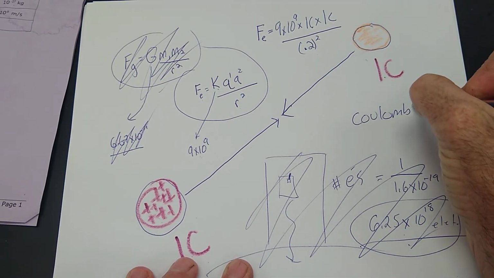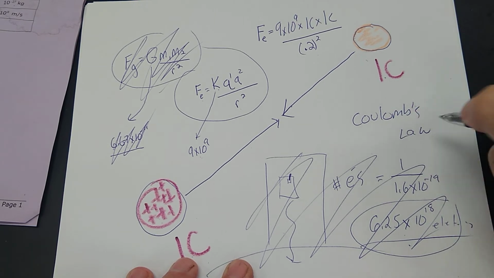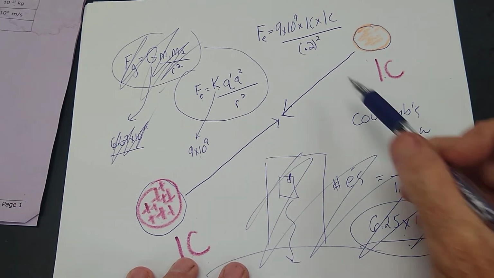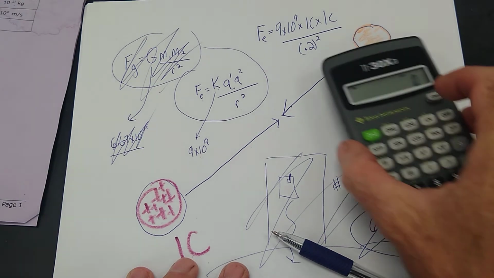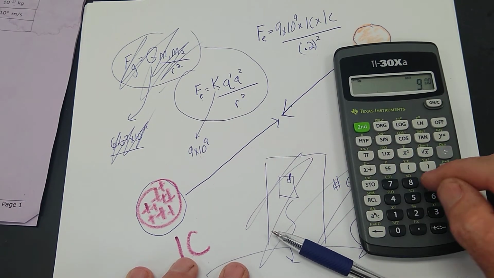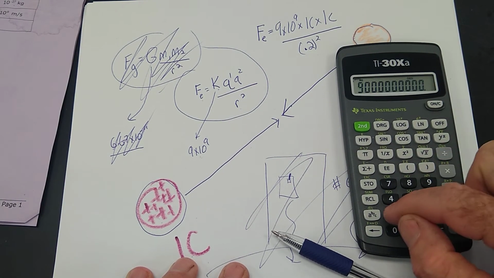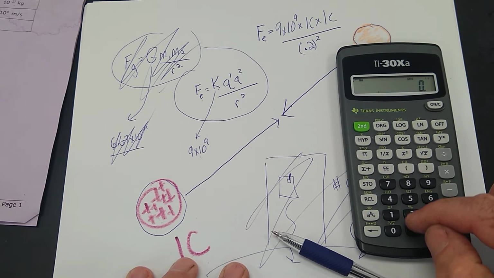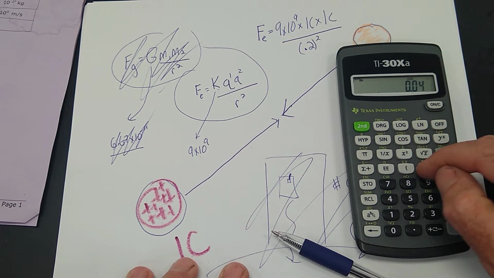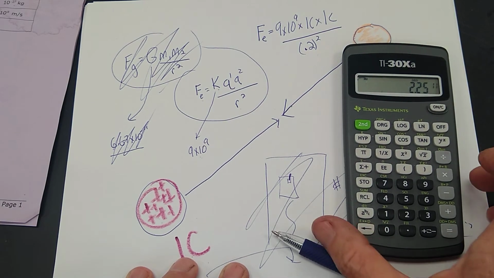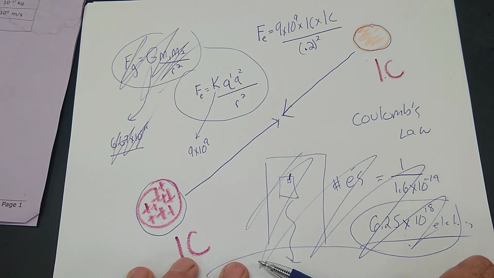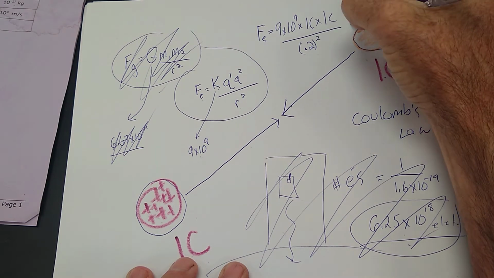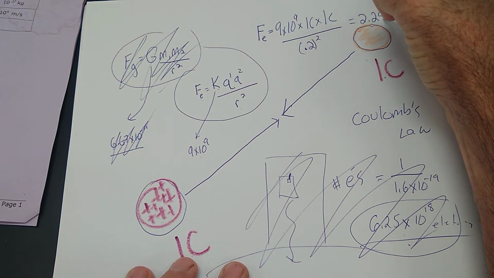This formula is called Coulomb's law. We do the math: 9E9 times 1 divided by (0.2 squared) equals 2.25 times 10 to the 11th newtons.